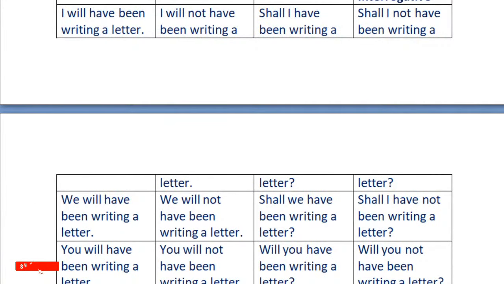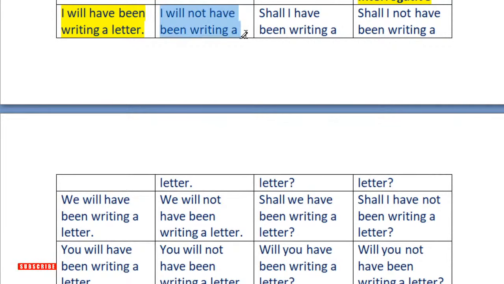Now for examples, we have affirmative sentence, negative sentence, interrogative sentence, then negative interrogative sentence. Let us see the examples. I will have been writing a letter means I will start writing a letter in future, I will continue it, I will keep writing in future, and then I will stop it.